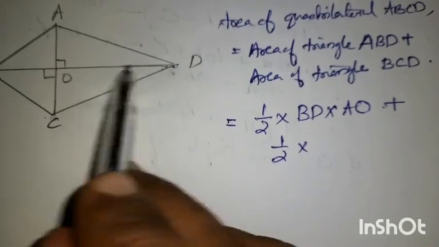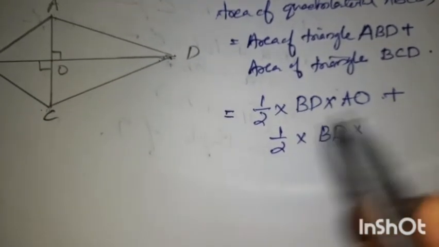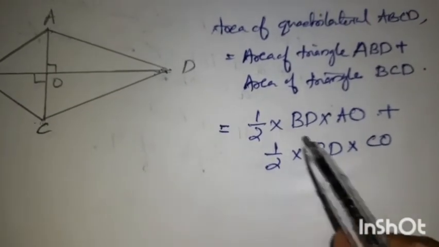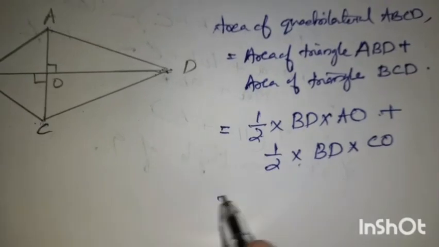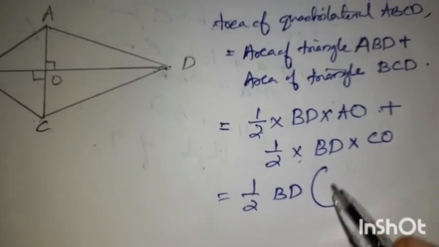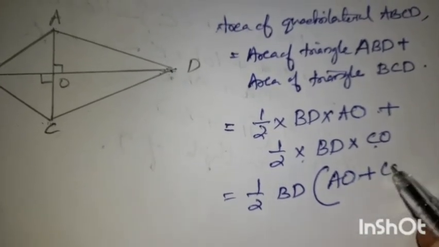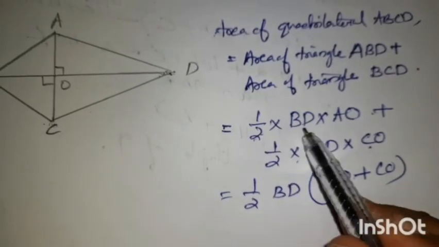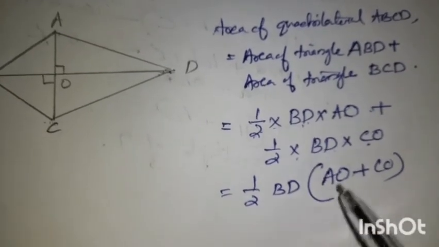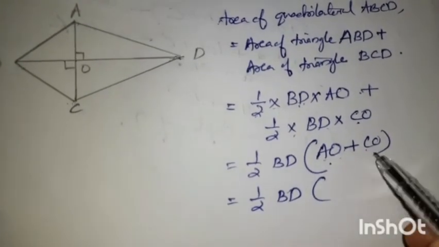The same base length BD multiplied by perpendicular length CO. Here you can see half BD is common for both. So half into BD into AO plus CO. What is AO plus CO?